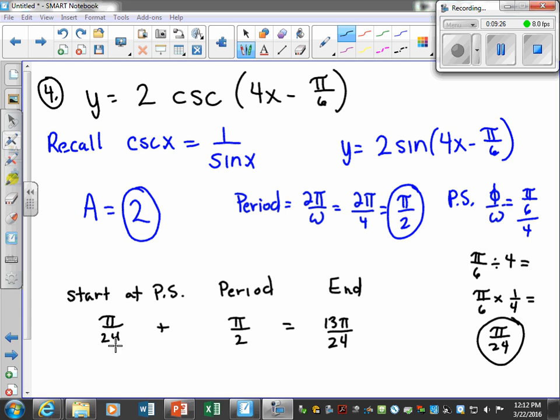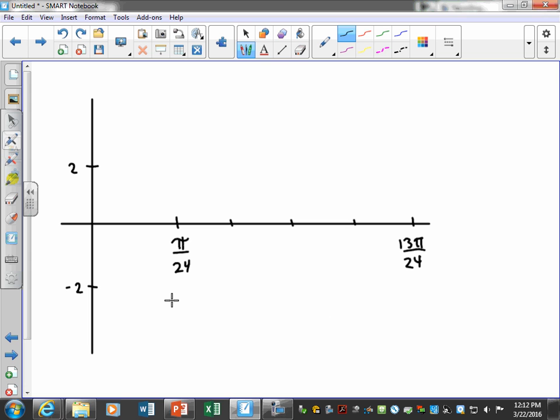So basically we know our starting point and we know our ending point. So on this next page, I don't have it to scale, but I have just the starting point, equal increments, and an ending point.